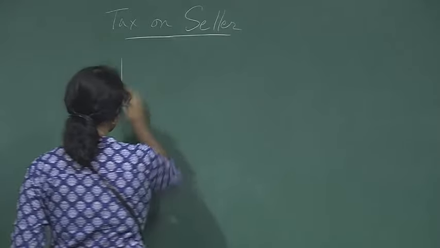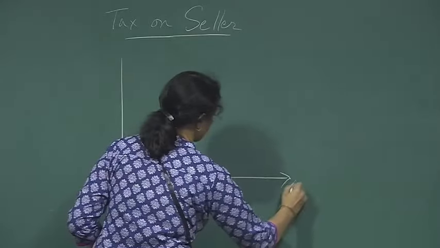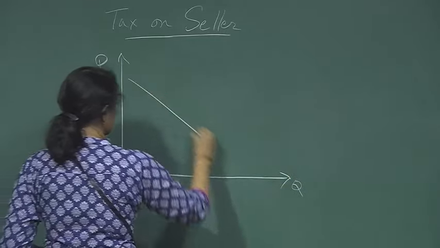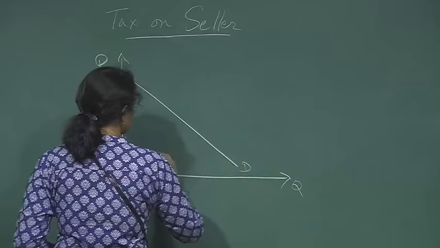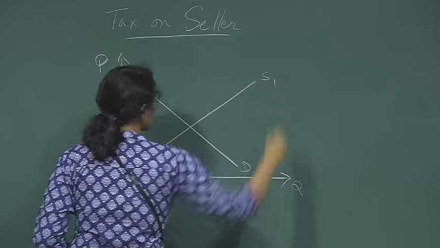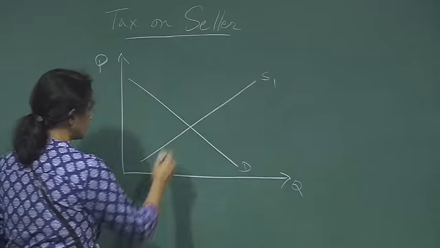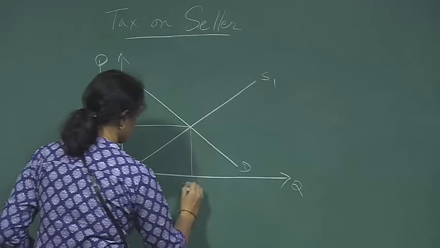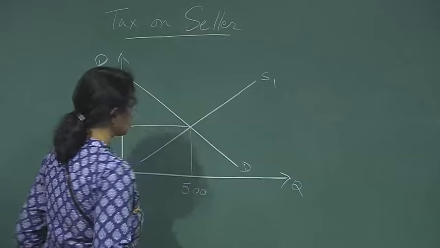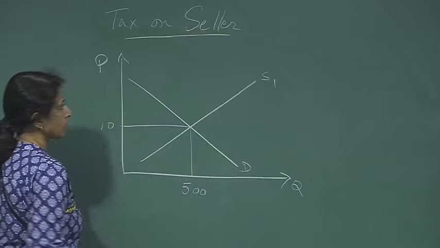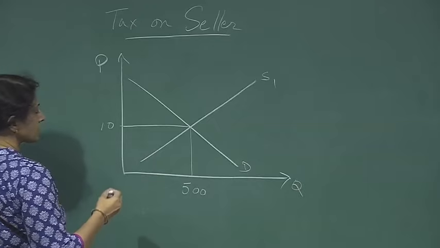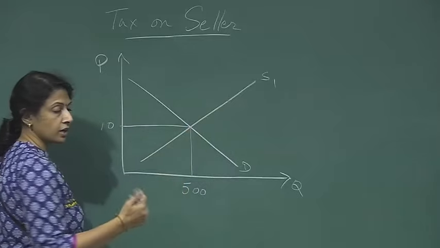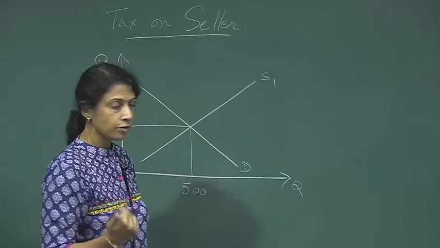Let me draw it here. This is the demand curve, this is the supply curve, S1. Let's take the same equilibrium as earlier, 10 rupees and 500 units. Now every unit that he sells, he has to pay a tax of 1.5 rupees.